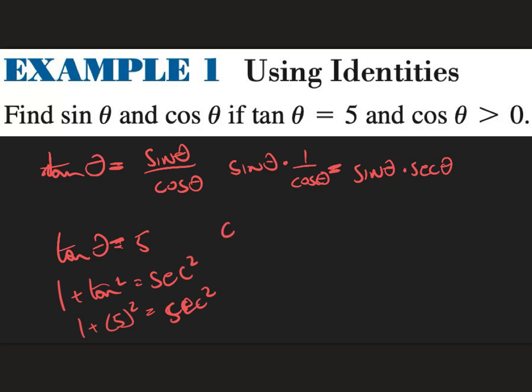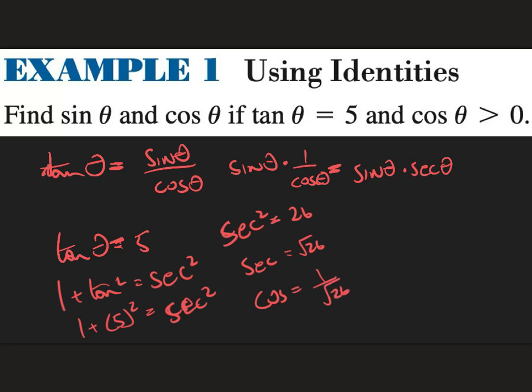So the secant squared equals 26. The secant is the square root of 26. And the secant is the cosine flipped upside down. So that means the cosine is equal to 1 over the square root of 26.